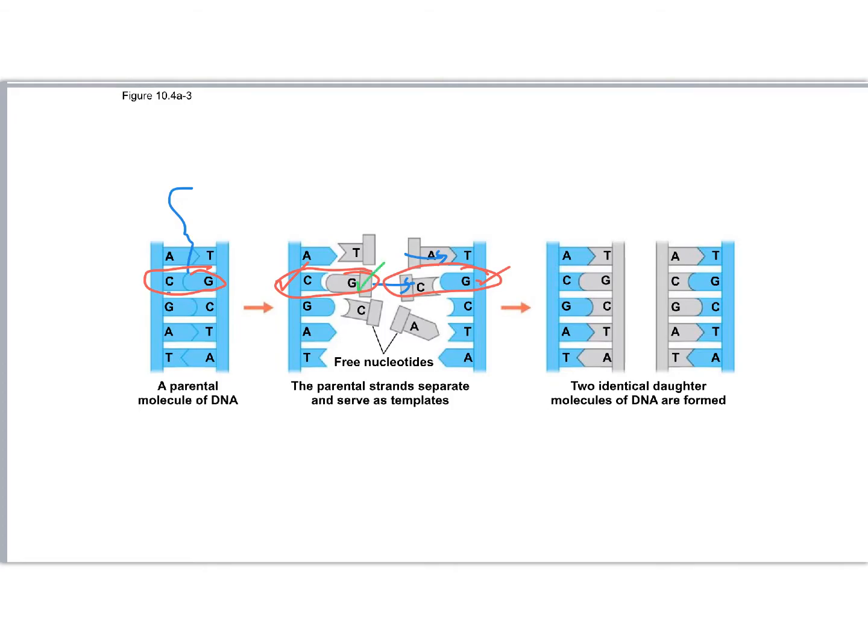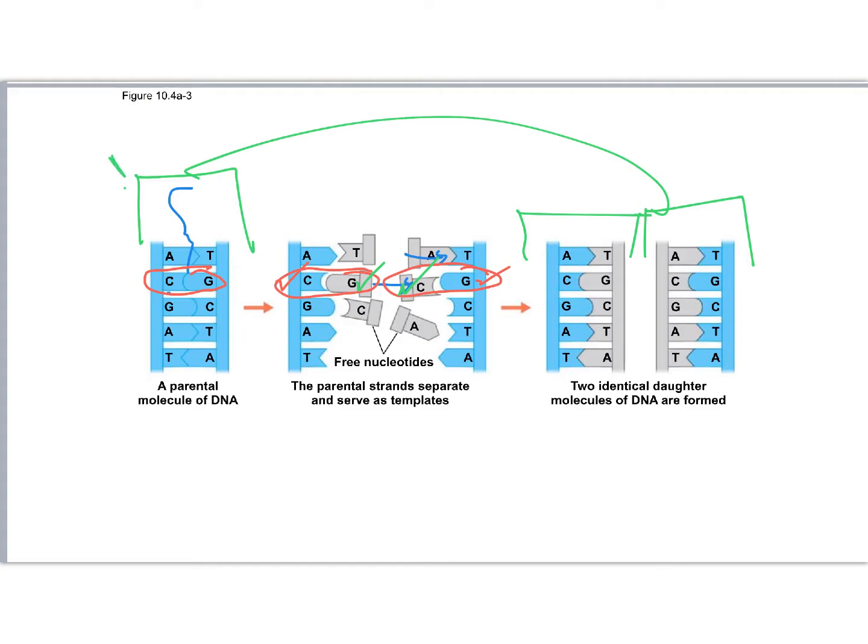And this new one, this gray one, these are going to be the new, or the daughter strands, so these little free nucleotides are going to be attached. Eventually the daughter strands are going to be generated from the parent strand, right? So this is a parent and daughters.